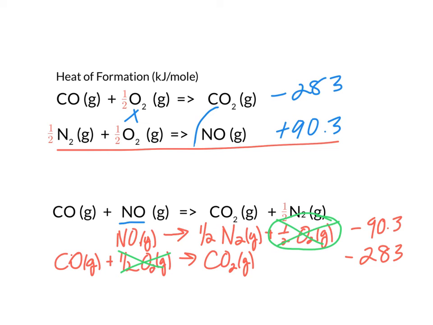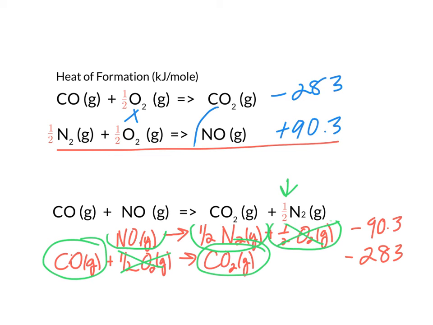And then what I see I have left is my NO as a gas, my N2 as a gas, my carbon monoxide as a gas, and my carbon dioxide as a gas. So it looks exactly like what I'm looking for as my final product, which is right here. And it even has the 1/2s in the exact place which I need, which is right here, that 1/2 N2.